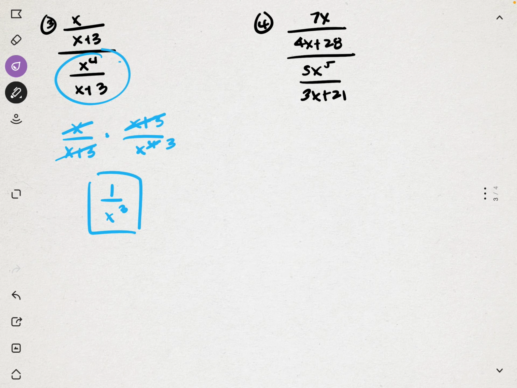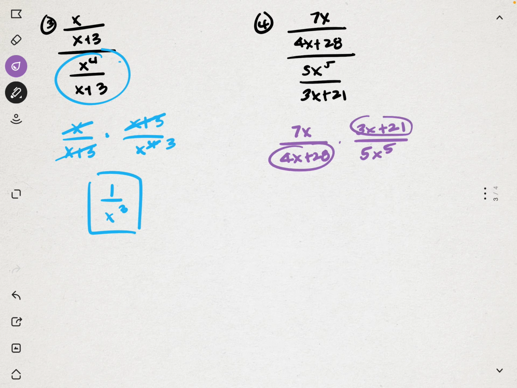Okay, and then 4, same idea, numerator times our reciprocal of our denominator. All right, so notice here and here, always be careful.